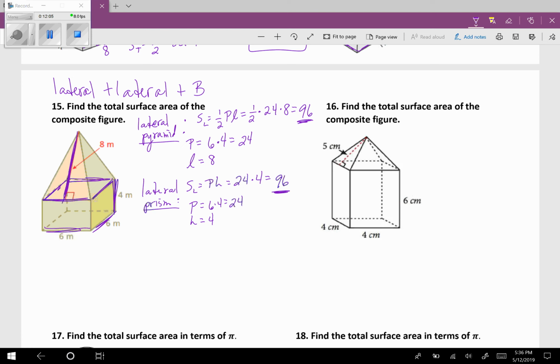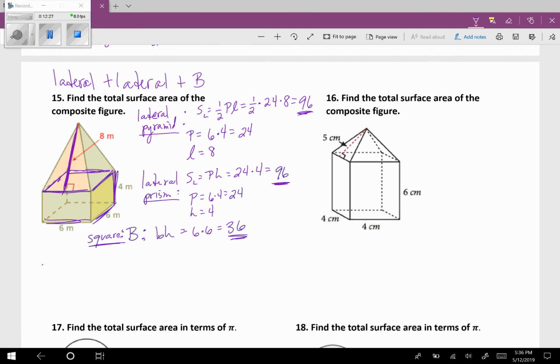Now the last part is big B. What shape is your base, y'all? A square. So we're finding the area of this square. The area of a square is base times height. Again, since it's a square, both your base and height are the same. So 6 times 6, which is 36.